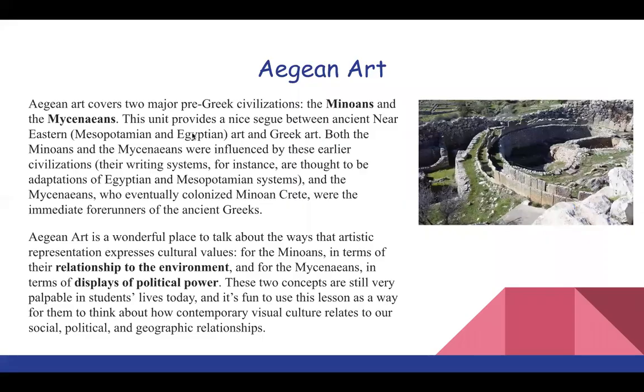And now we're going to talk about Aegean art. Aegean art covers two major pre-Greek civilizations, the Minoans and Mycenaeans. This unit provides a nice segue between ancient Near Eastern art and Greek art.